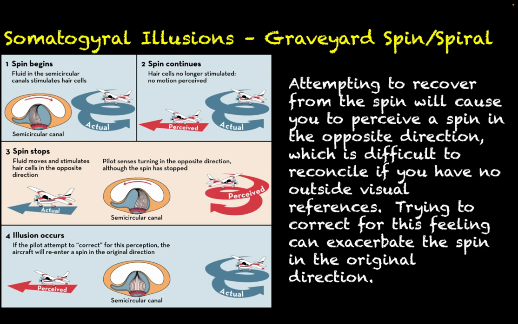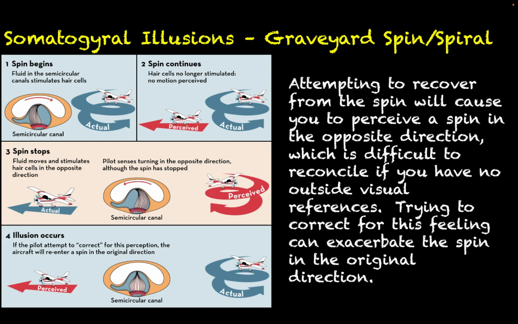So the graveyard spiral is not usually a problem if you're flying during a clear day with VFR conditions. So you may be feeling a particular way, but you can just look outside and see that, oh, well, I can look at my visual references and see that what I'm feeling with my vestibular senses doesn't exactly line up with reality.